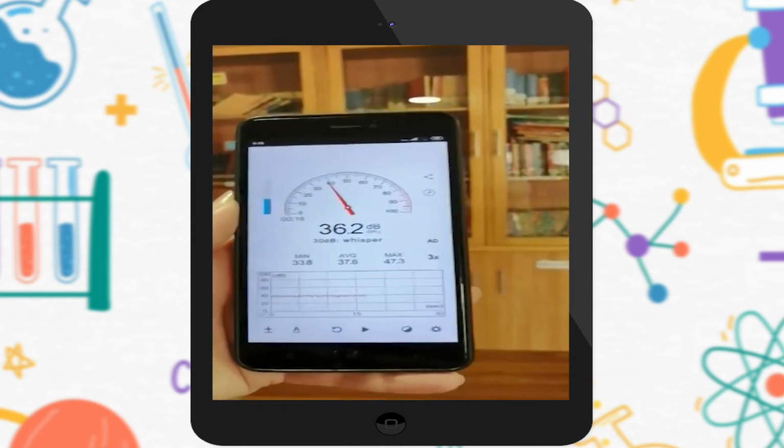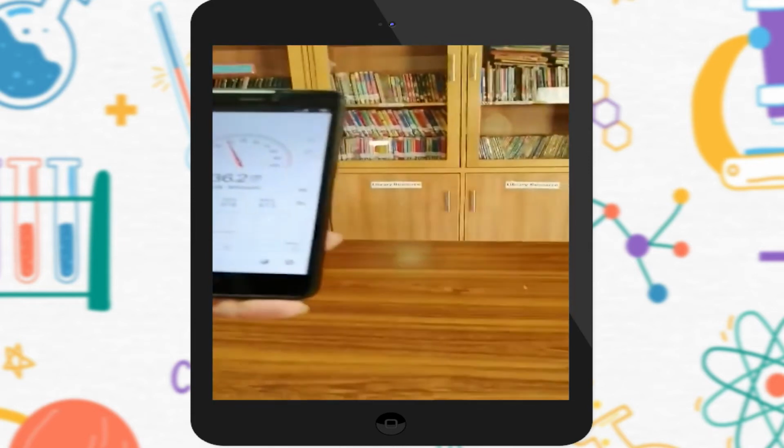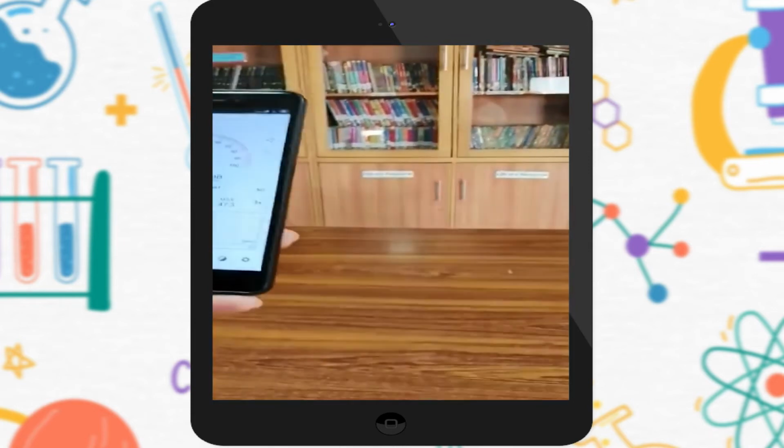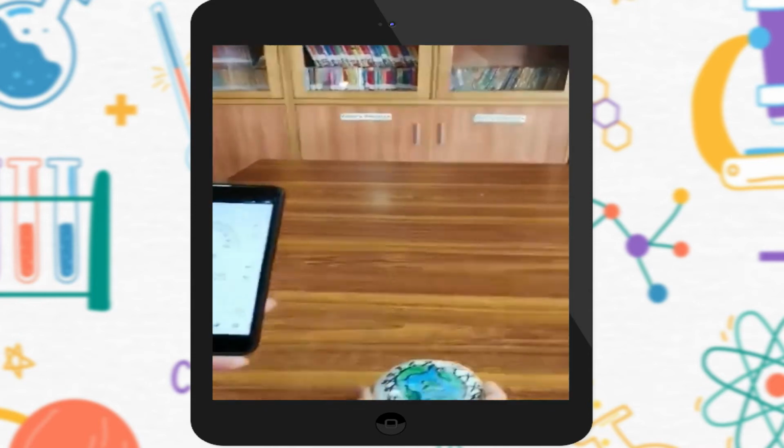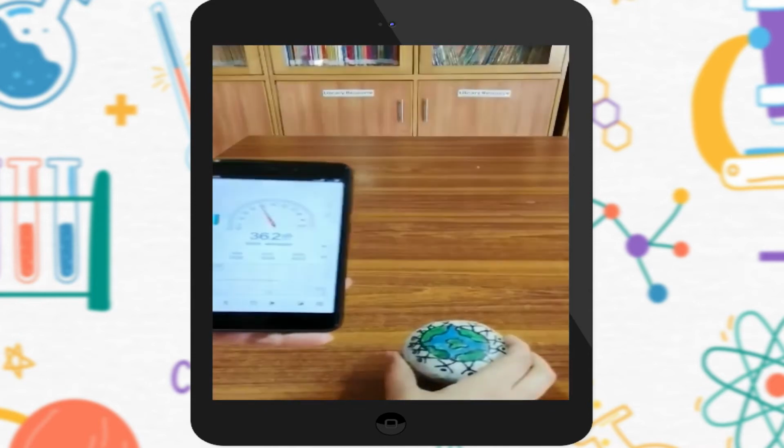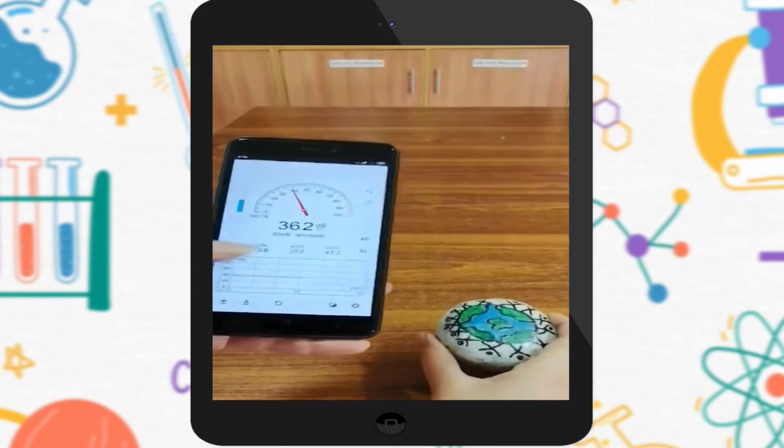Now I'm going to show you another example when I will be hitting this stone on the table, and we will be measuring how many decibels we'll get by hitting this stone.